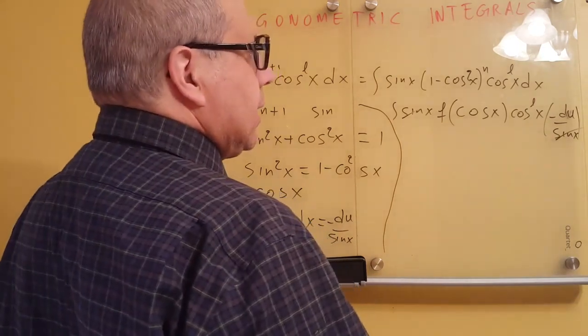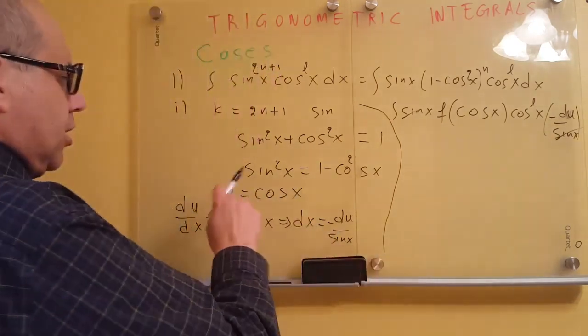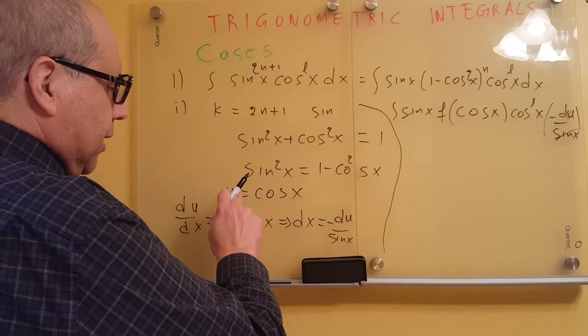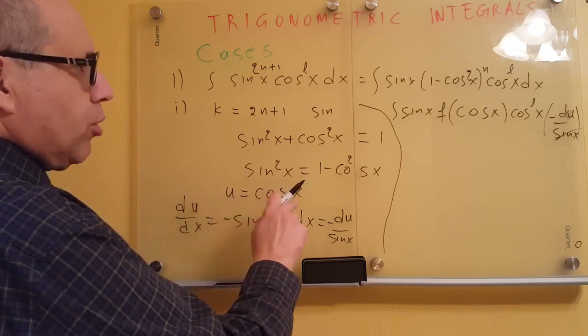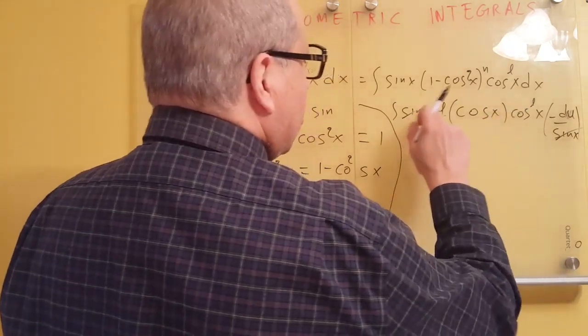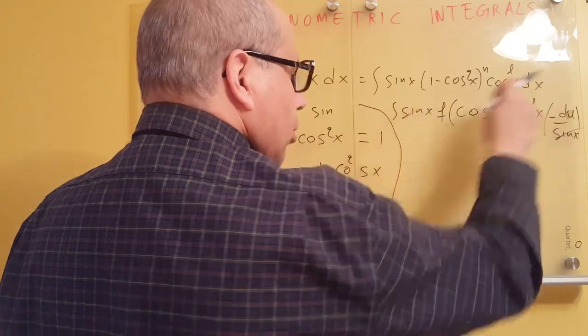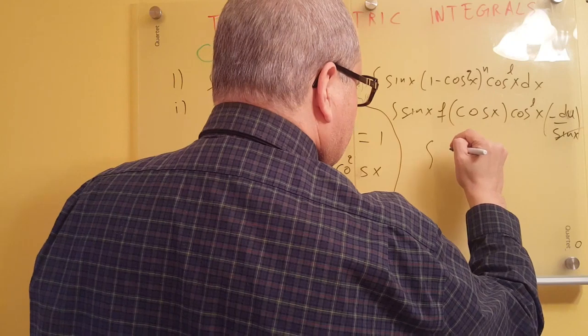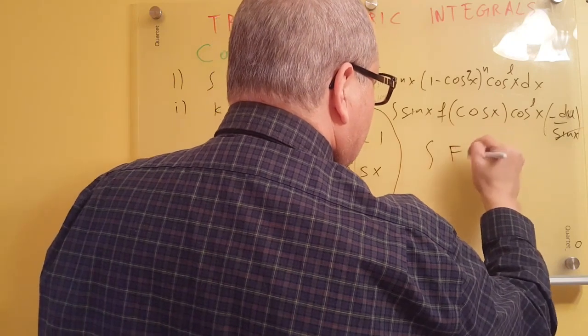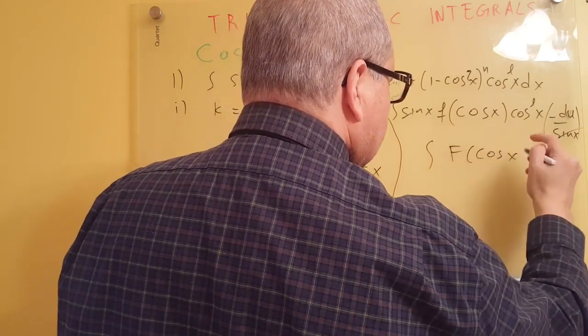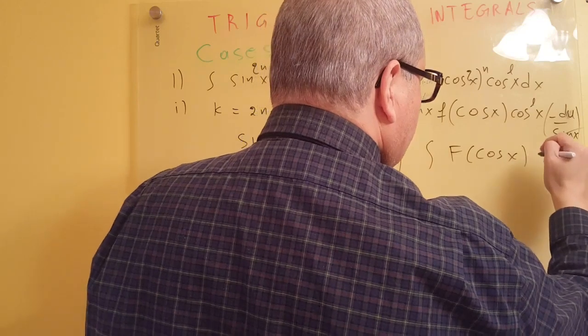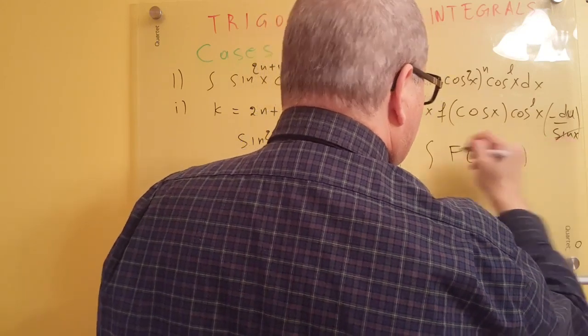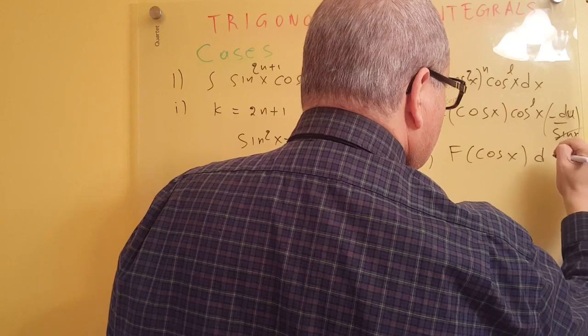Since u is equal to cos x, and we don't have any more sine x, what you will have inside will be a function, let's say capital F, of cos x, with du.